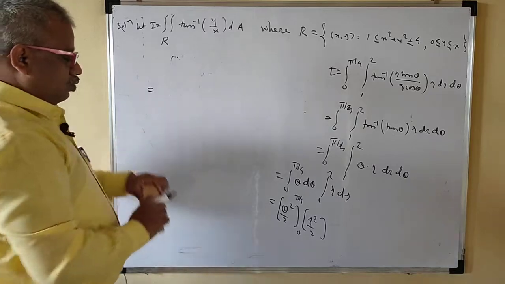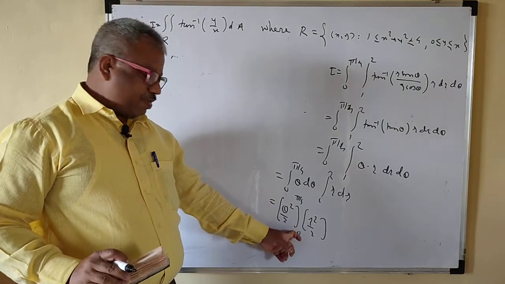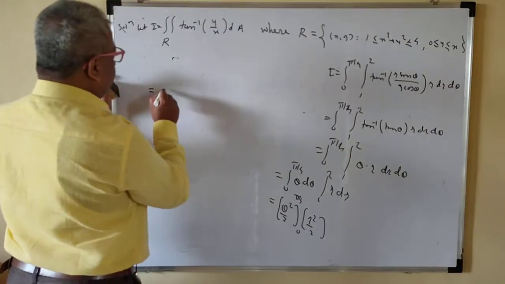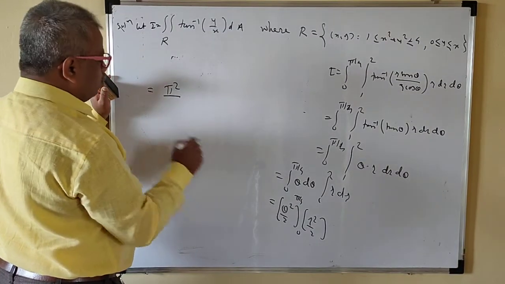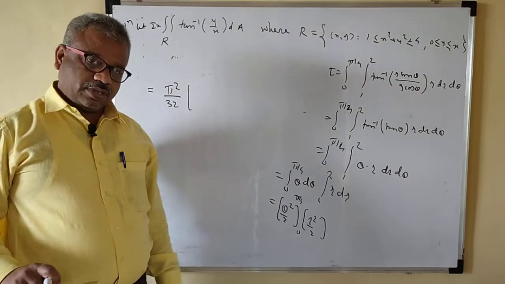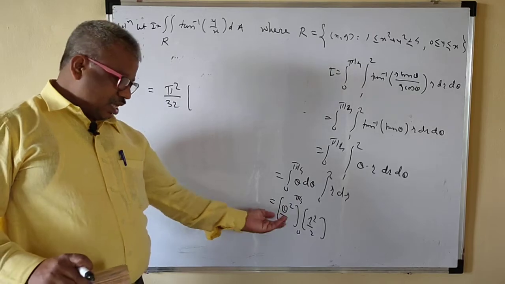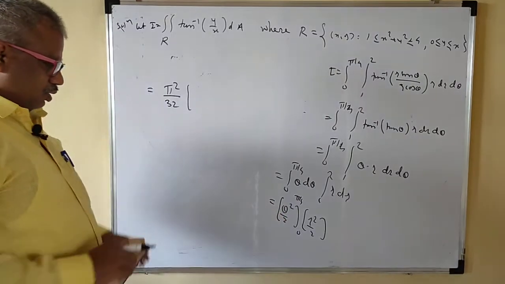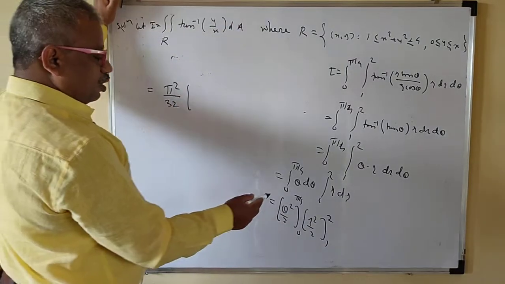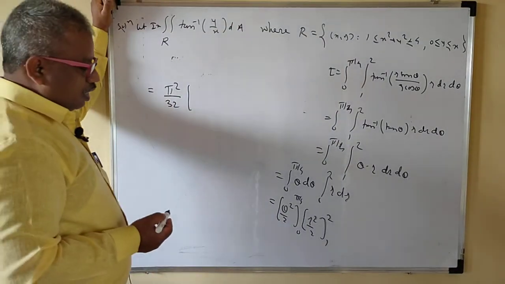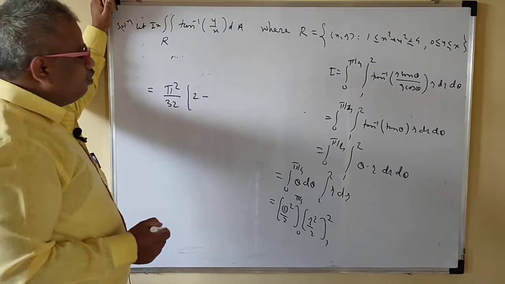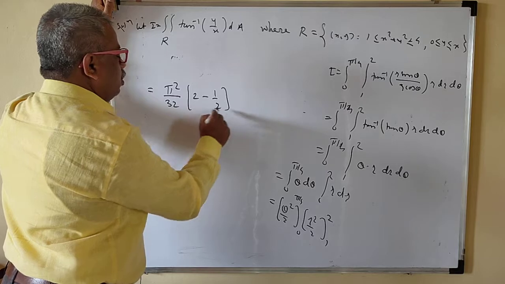Here there is no need to put a lower limit, because if you put theta equal to 0 everything is 0, so we have to put the upper limit only. So this is pi square by 16 upon 2, which means pi square by 32. Then for r from 1 to 2: if you put r equal to 2, then 2 square upon 2 is 2, then minus, putting r equal to 1 gives half.